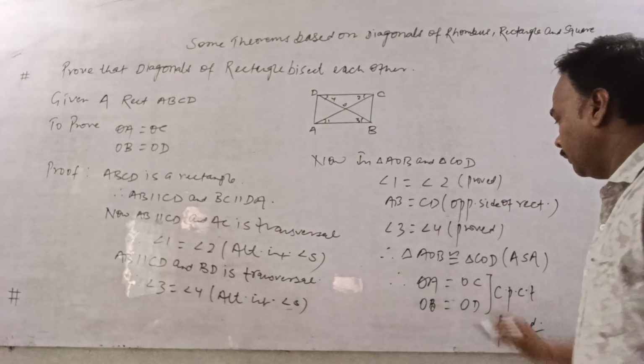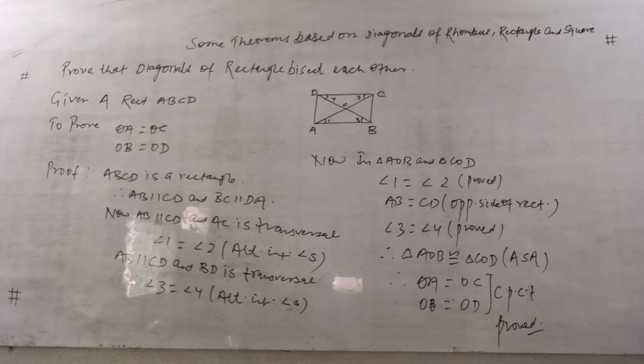So it is proved: when both triangles are congruent, then their corresponding sides as well as corresponding angles will be equal.